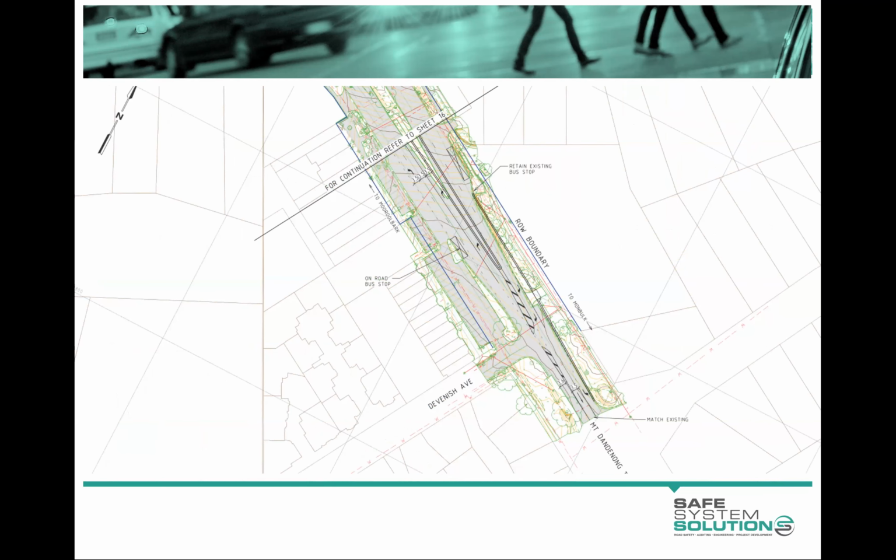Looking at that intersection into Devonish Ave, on the straight, is it Monbulk Road? It looks like it goes straight into a bit of a right turn lane trap, if that's the right word for it.